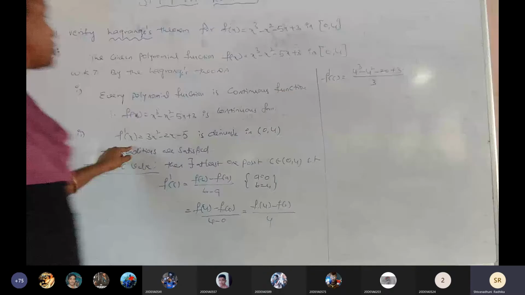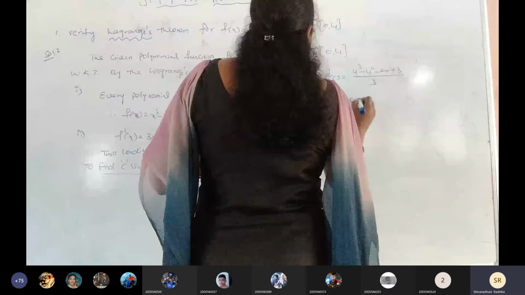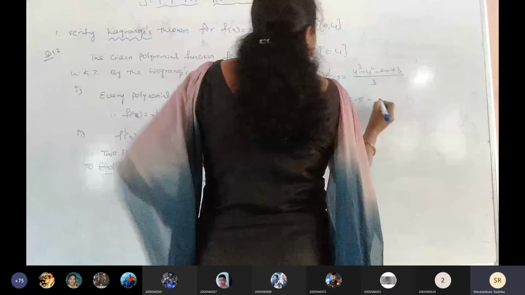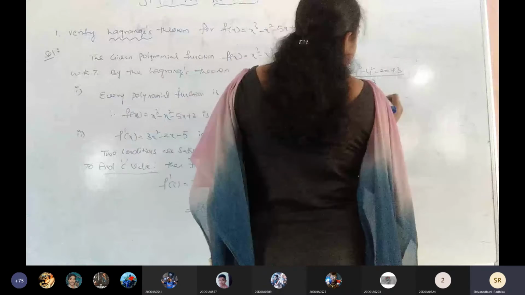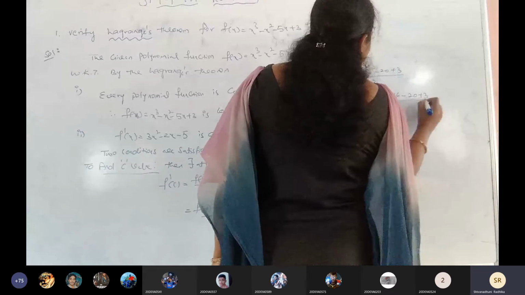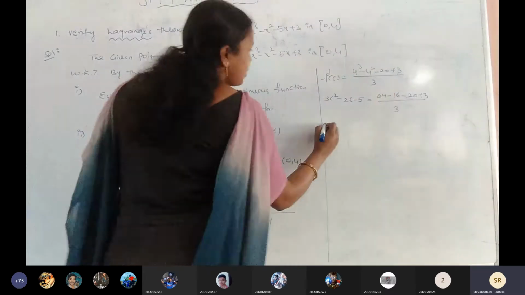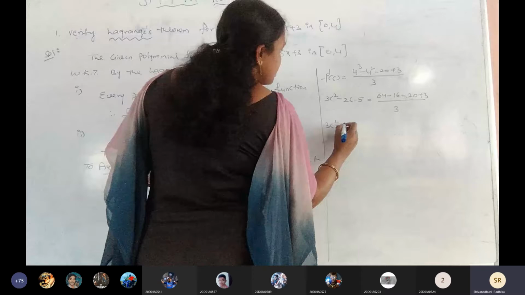Now I'm going to substitute here: f dash of c, that is 3c square minus 2c minus 5, equals 4 cube, which is 64, minus 16 minus 20 plus 3, by 3.